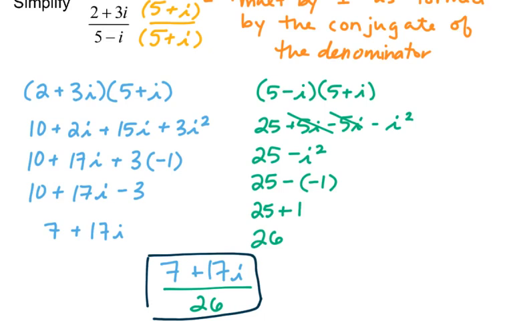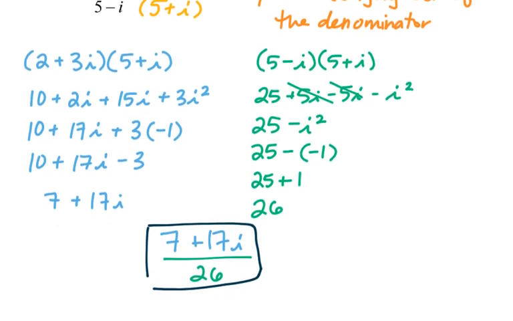Of course, you do always want to be looking at the problem and saying, hey, can I factor and simplify? So for example, if we had 8 plus 16i over 26, you'll notice that all three terms would have a factor of 2, and that would be 4 plus 8i over 13.